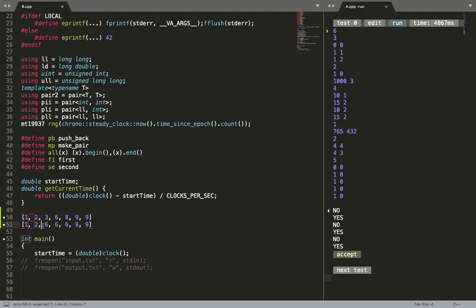So the sum on the prefix will increase. That means the sum on the suffix will decrease, because the total sum should remain the same. So we have proved that on each suffix the total sum will slowly decrease. It cannot increase after any operation.